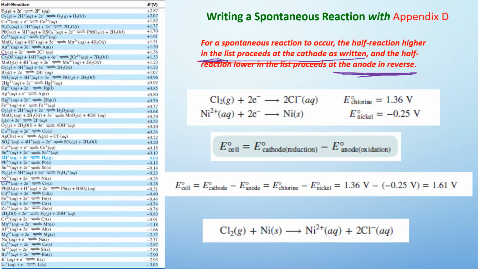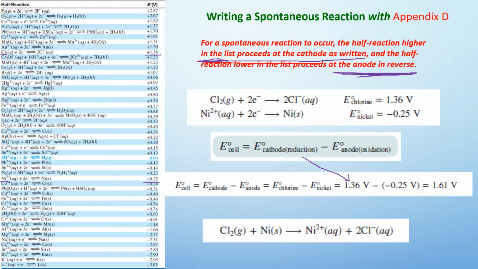For chlorine to chloride, the standard half-cell potential is 1.76, and for nickel 2+ to nickel it is -0.25. Because chlorine to chloride is higher in this list, it happens at the cathode, so we use this value directly. It is 1.76.